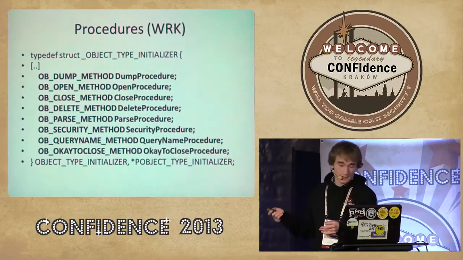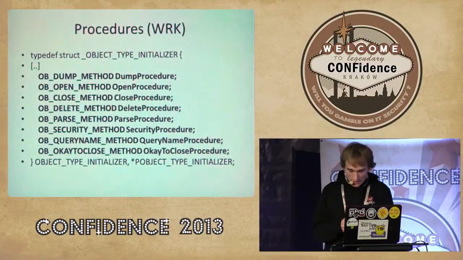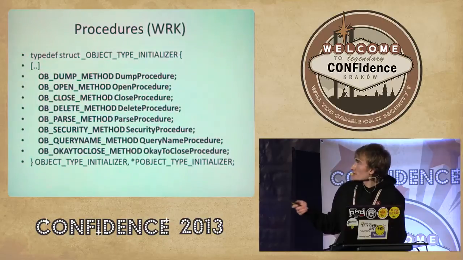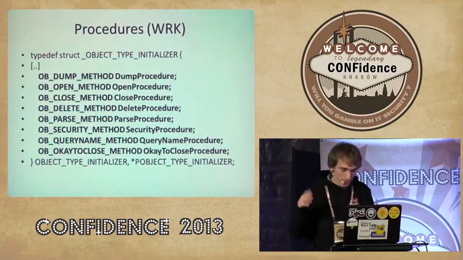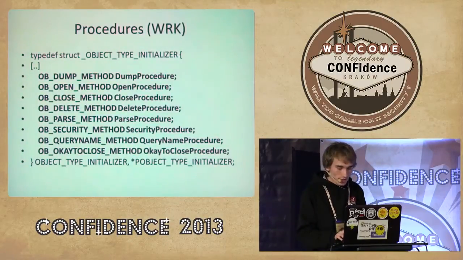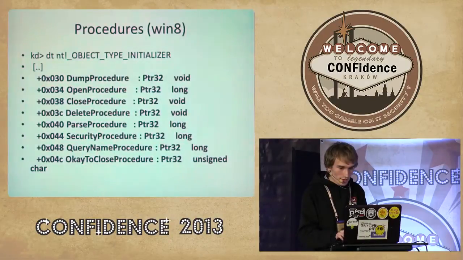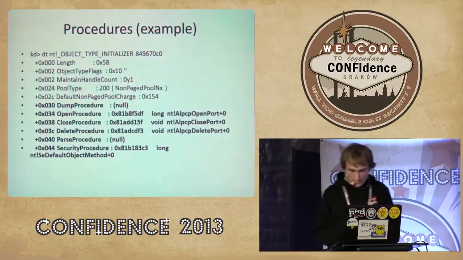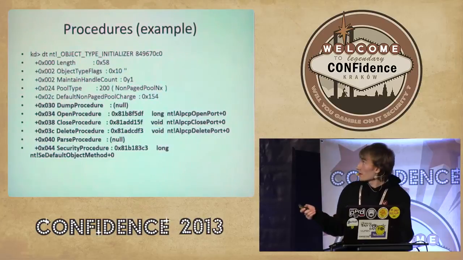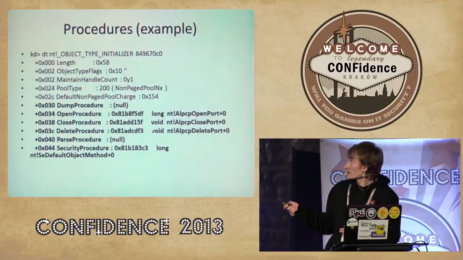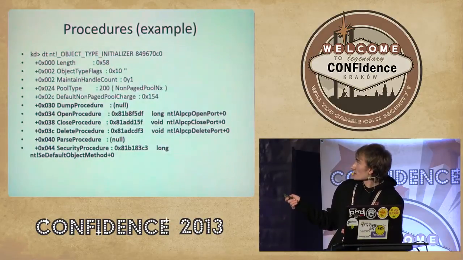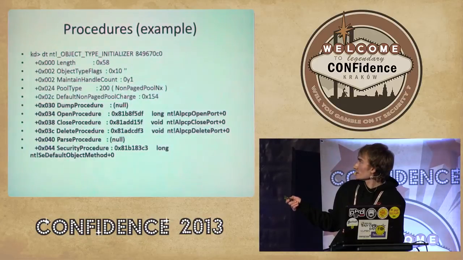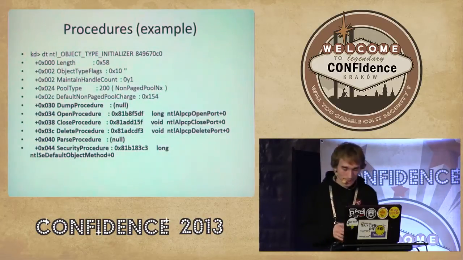It contains pointers to functions or procedures, for example, dump procedure, open, parse procedure, and so on. Here's an example of the object type initializers of an LPC object. For example, the open procedure is LPC open port, and the close procedure is LPCC close port, and so on.